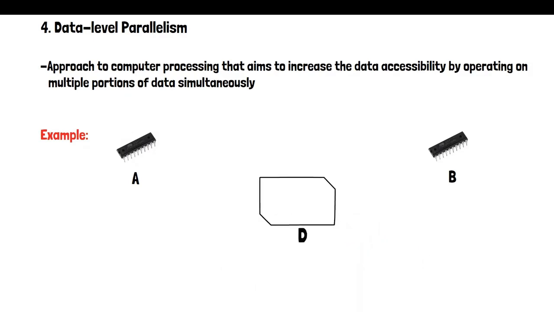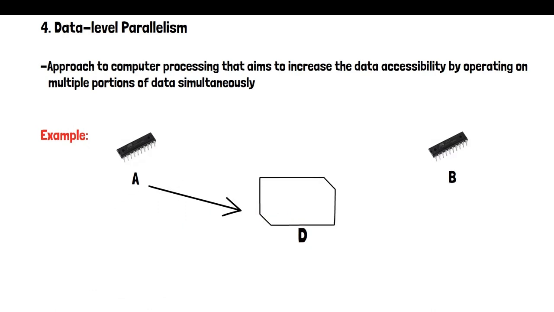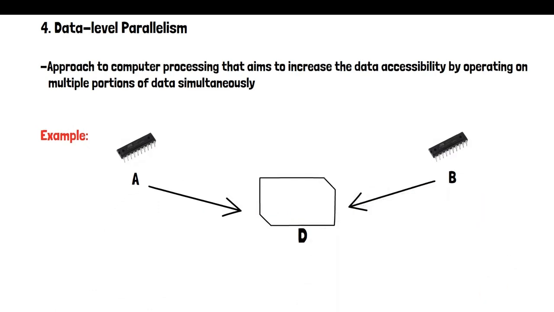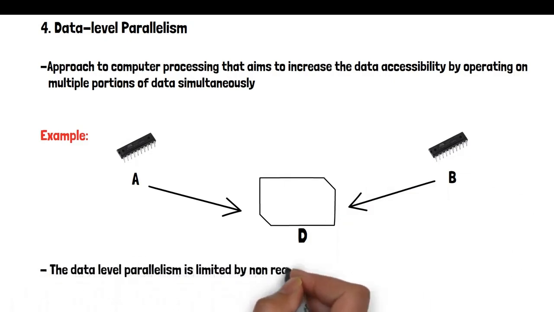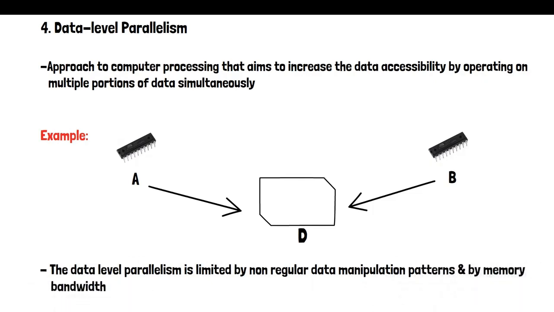Then it is possible to tell CPU A to do the task on one part of D and CPU B to do the task on another part simultaneously. Data level parallelism is limited by non-regular data manipulation patterns and by memory bandwidth.